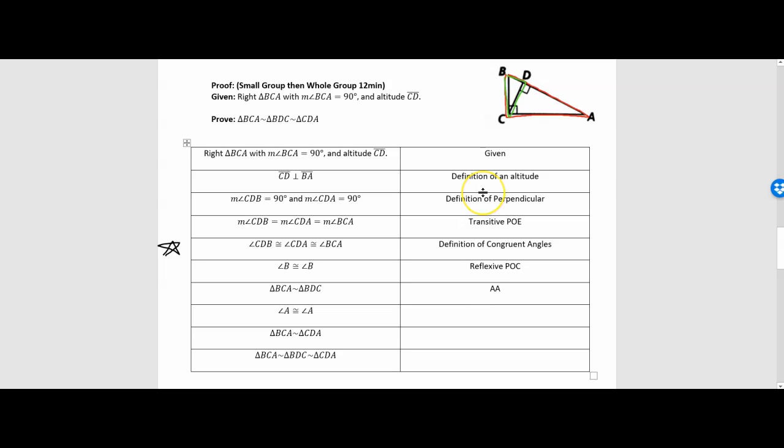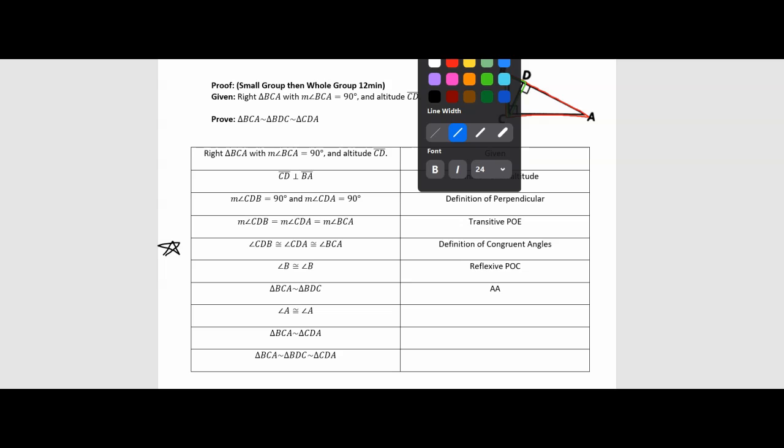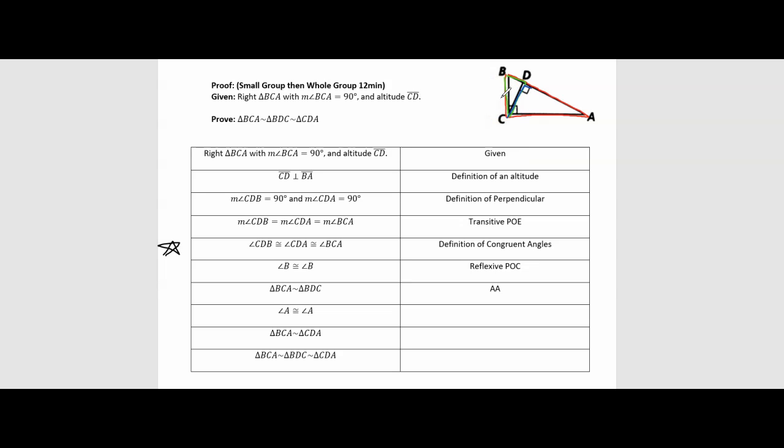Now I'm going to take a look at this other triangle here. Let's do that in blue. This other smaller triangle. Well, the blue and the red share angle A. So again, reflexive property of congruence. And now the red and the blue both share angle A, and they both have right angles, so they are similar by AA similarity.